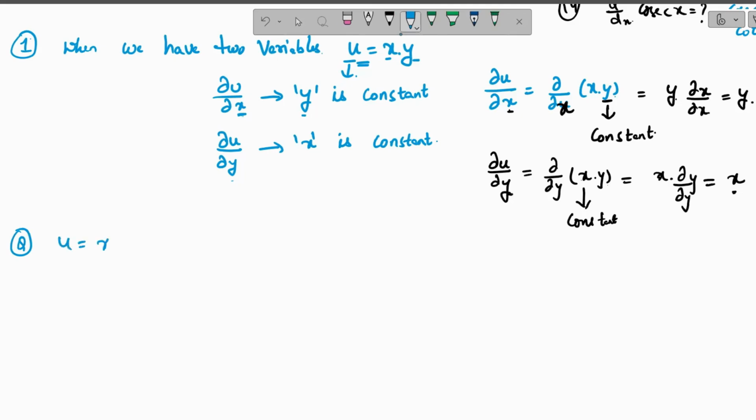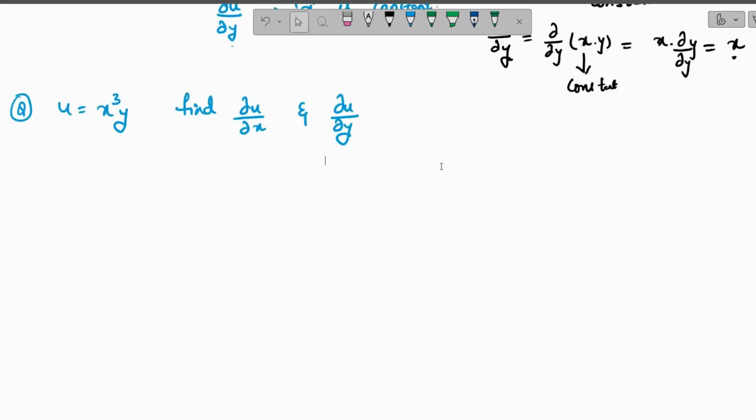u is equal to x cube y. Find dou u by dou x and dou u by dou y. So if you see, dou u by dou x is equal to x cube dot y.